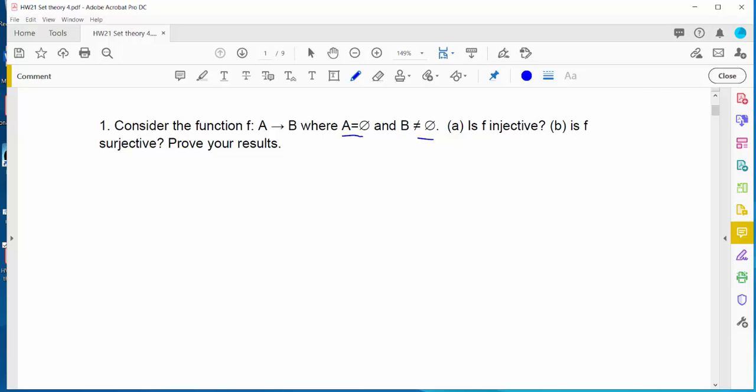So for example, with injection, you know that a function is injective if and only if f of A equals f of B, then A is identical to B.